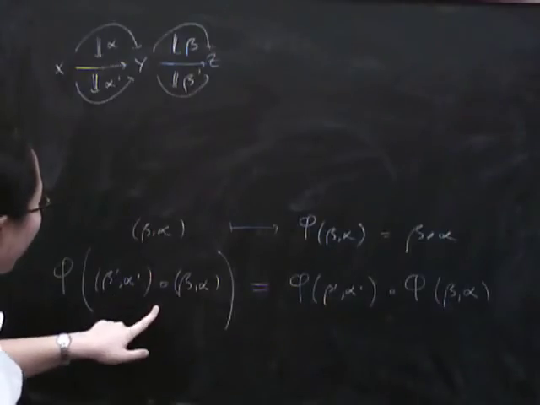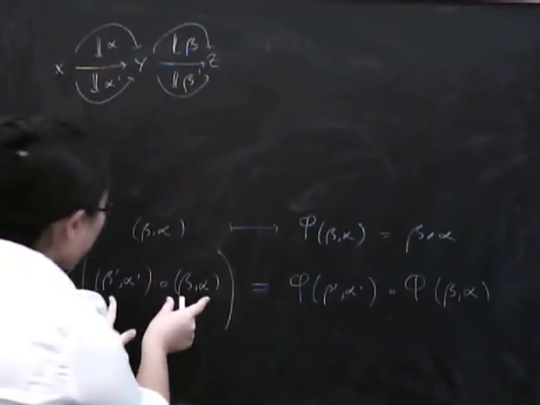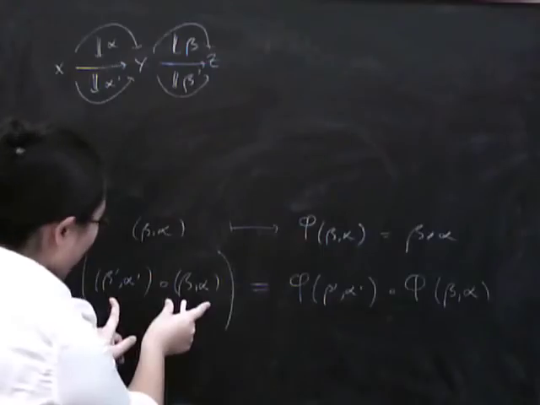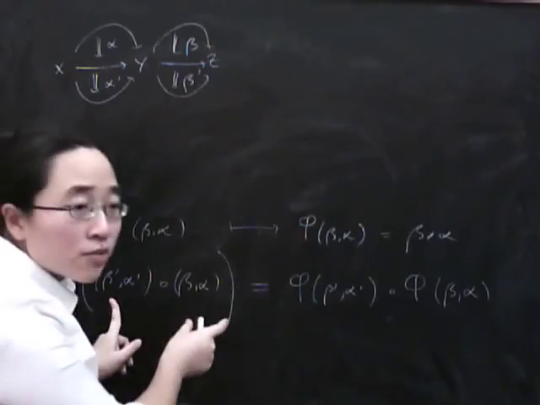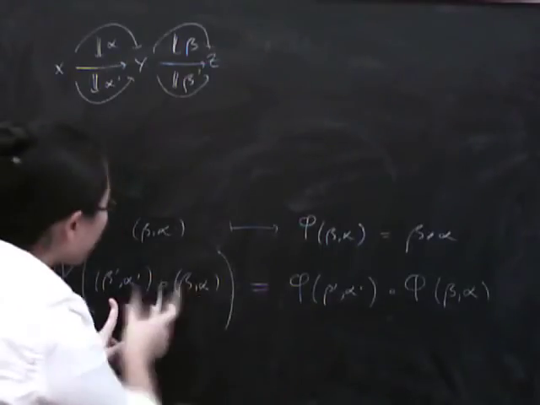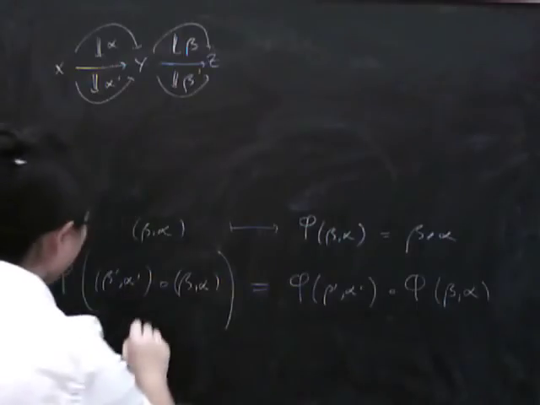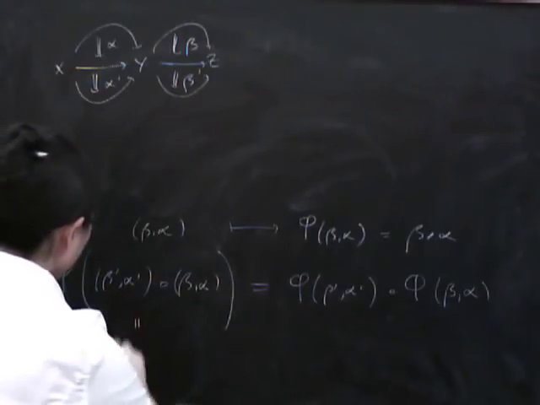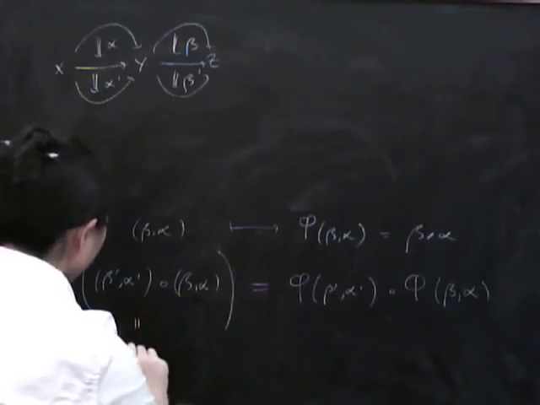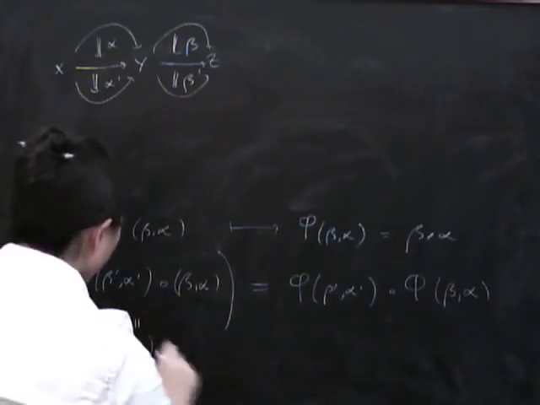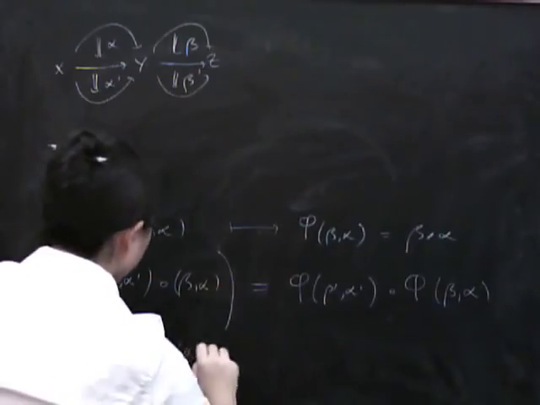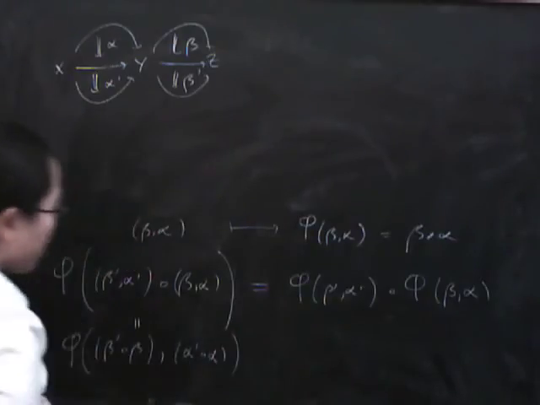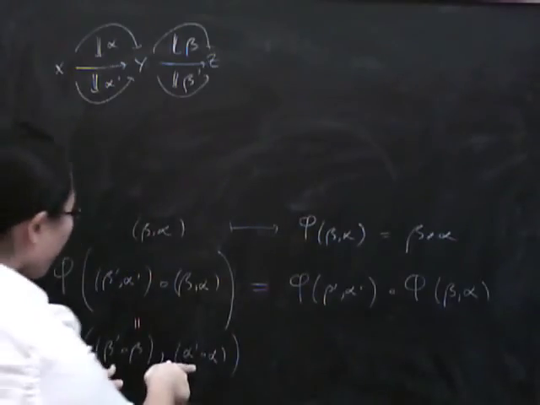Now let's see what this formula says. On the one hand, we've got to compose in the product category. So how do you compose these two morphisms in the product? Well, you just compose them pointwise. So what this actually is, phi of beta primed composed with beta, comma, alpha primed composed with alpha. And so what is that?